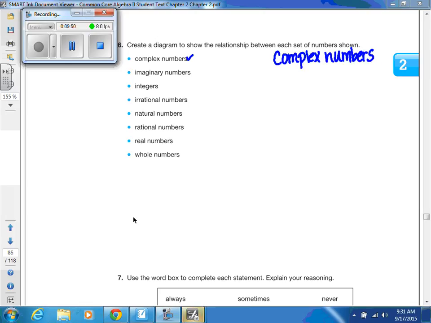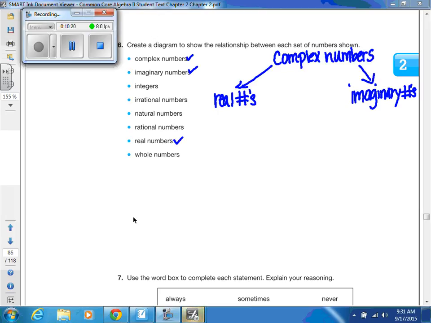Real and imaginary. Can we split real numbers into two groups?